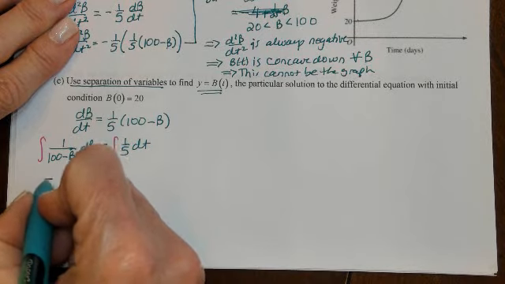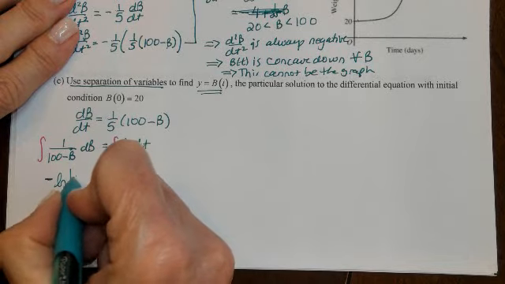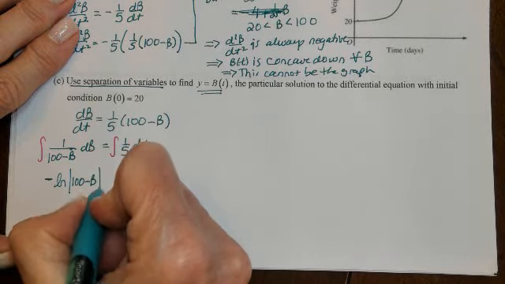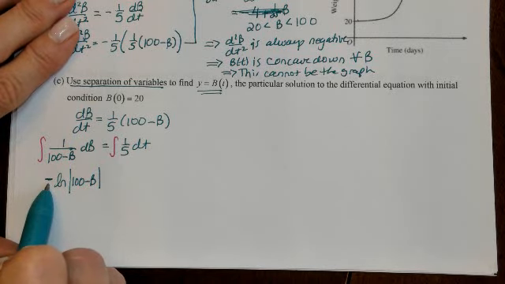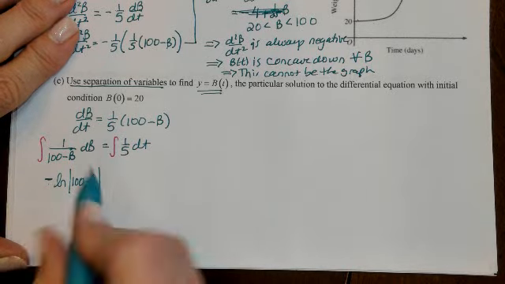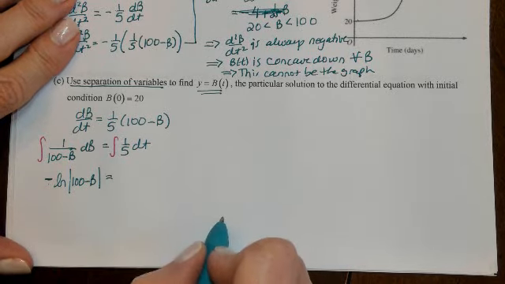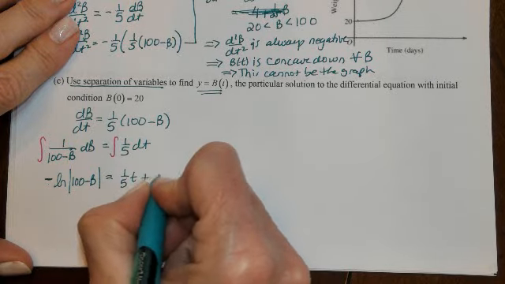So it's going to be a negative ln absolute value of u, which is 100 minus b. Don't forget that negative, because remember, you're getting a point for the antiderivatives. So make sure you have that negative there, or you're going to lose that point. Over here, we'll have 1/5 t plus c.